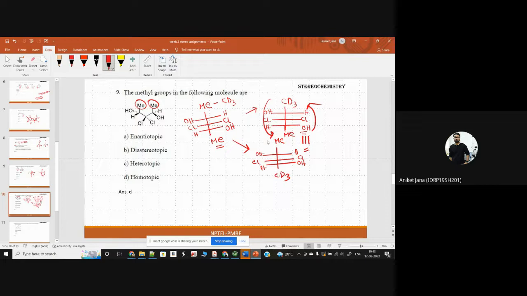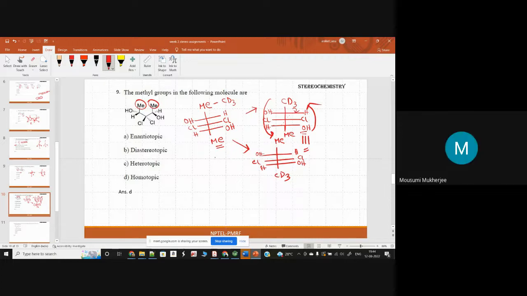Or can it be a mirror image? No, not mirror images, not the same molecules. If we put a mirror here, it won't be reflected. So another way to say it: if we take a C2 axis perpendicular to the plane of the paper and rotate the molecule, we get the same molecule, right?